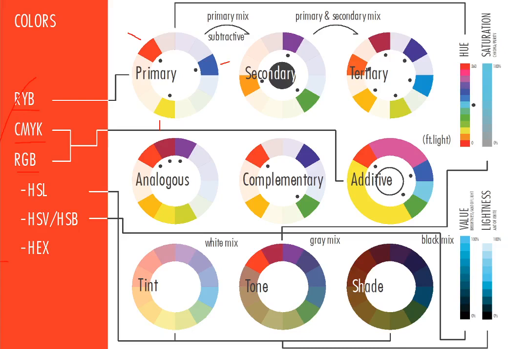Then you can mix each of these colors, and you get the secondary colors, like red and blue would become purple, and yellow and blue would go green, and so on.